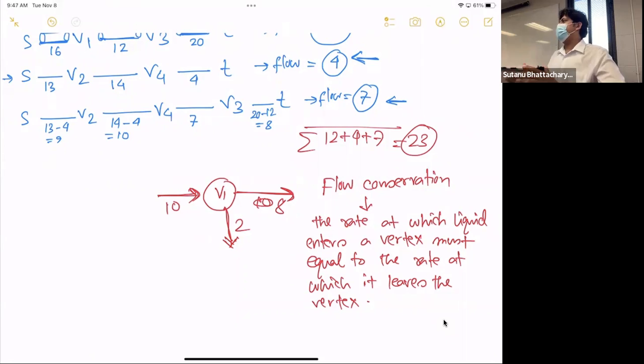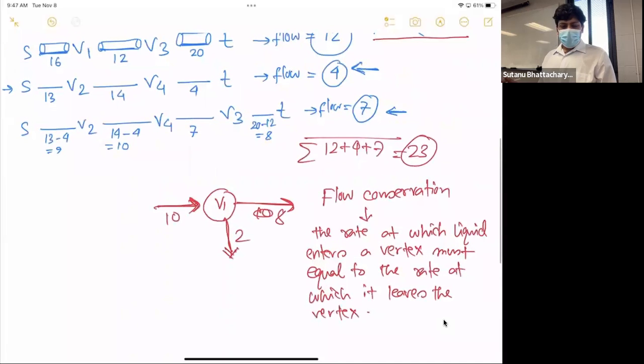So it will not hold any amount of water with itself. So this is flow conservation. So the amount you send to V1, the same amount will be released from V1 at the same rate. So no blocking. So these are assumptions.